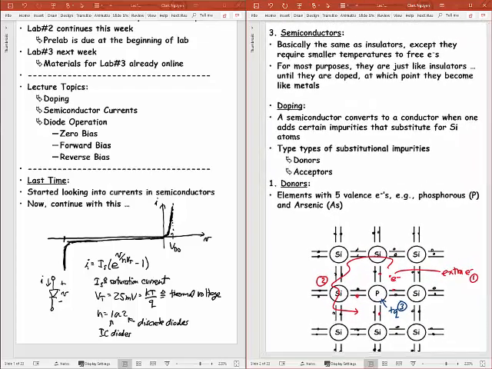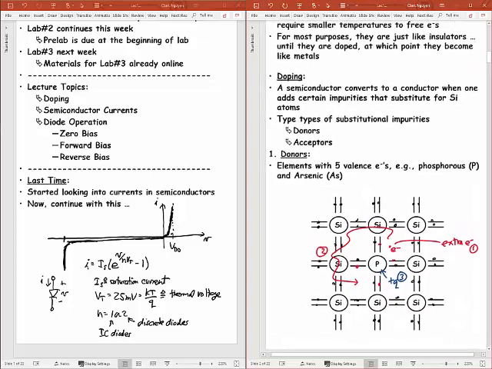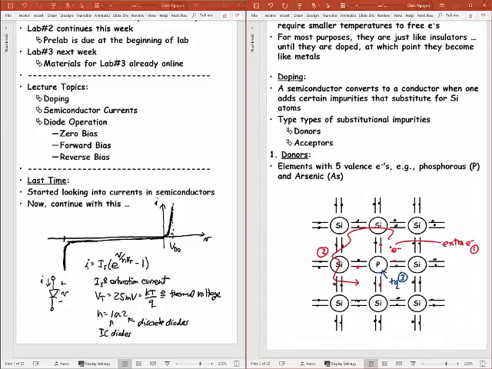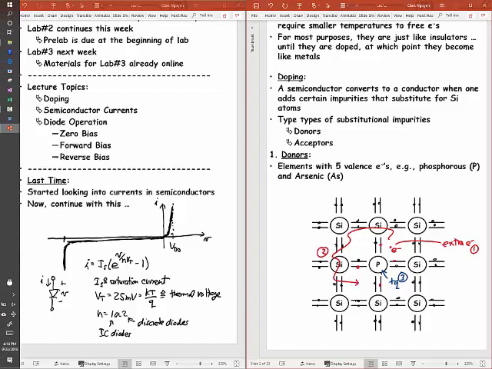And so this is where we were last time. We talked about semiconductors, we talked about insulators, we talked about conductors, and really a semiconductor is just like an insulator if you don't do anything special to it. And so if I had silicon atoms, we can bring up our periodic table here.